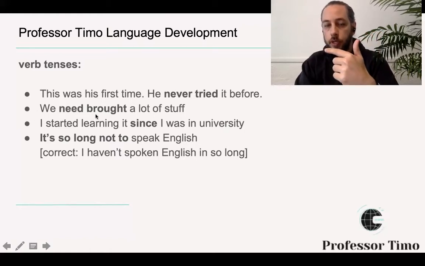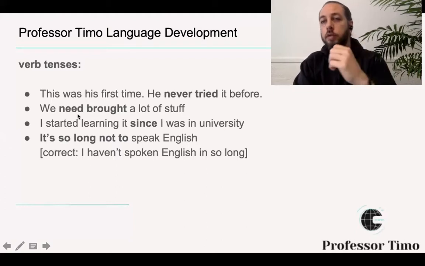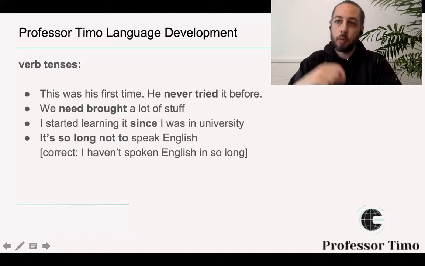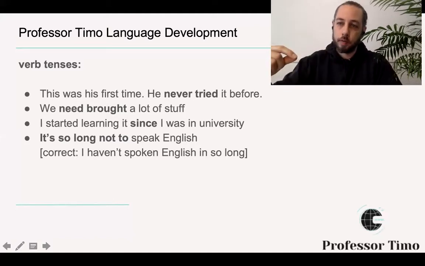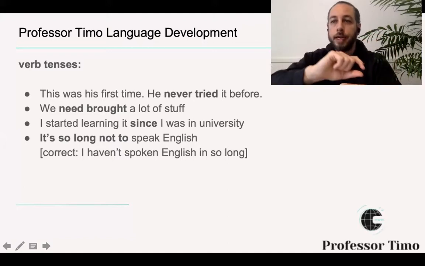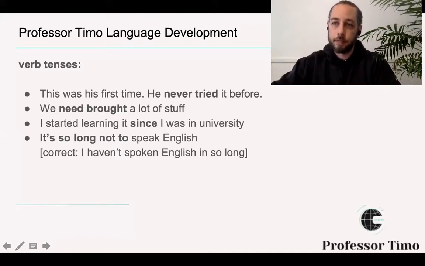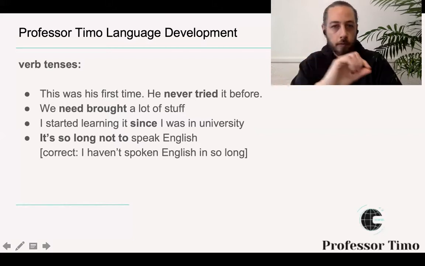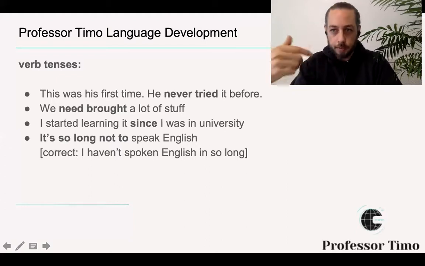So the correct version here is we needed to bring a lot of stuff. Repeat that after me. We needed to bring. All right, and let's try the full phrase. We needed to bring a lot of stuff. All right, if you have trouble replicating my sounds, practice, practice, practice. Eventually you'll get it.